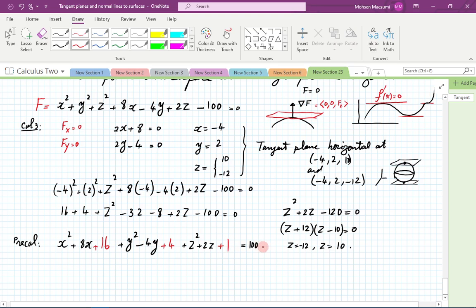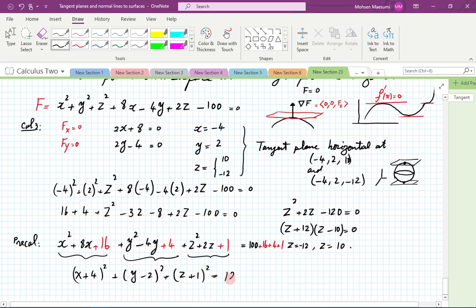Whatever you add to one side, you add to the other side. What does this do? Well, you have the completed square, x plus 4 squared plus y minus 2 squared plus z plus 1 squared, and we are lucky that on the other side it's also a square, 121.